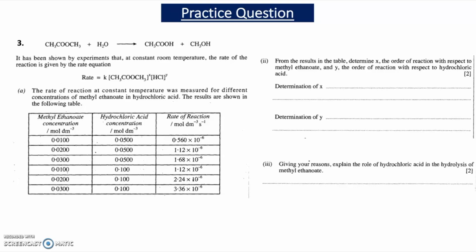So for this question we have the reaction of an ester with water, and they give you the rate equation and a table of data, and they're asking you to determine the values of x and y here, which are the orders in the rate equation. So if we look at the value of x, we're going to look at changing the concentration of ester and keeping the concentration of hydrochloric acid the same.